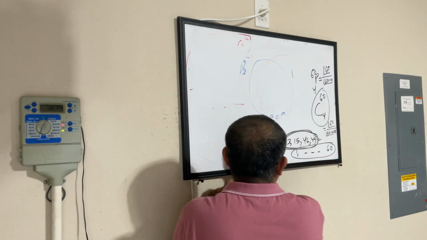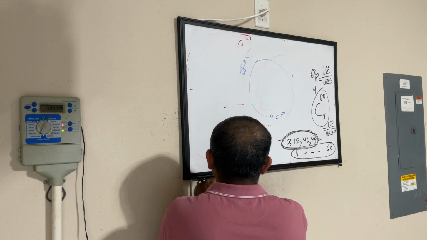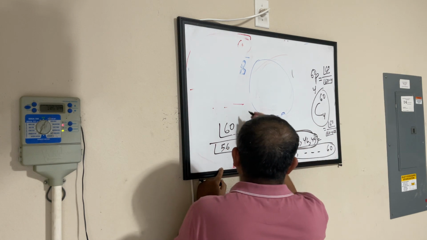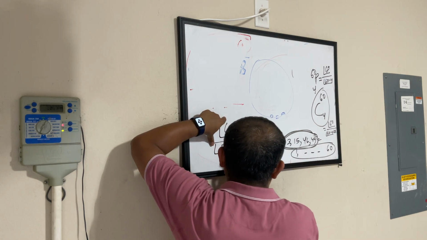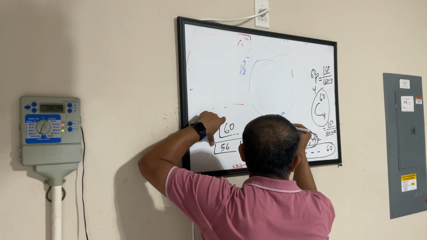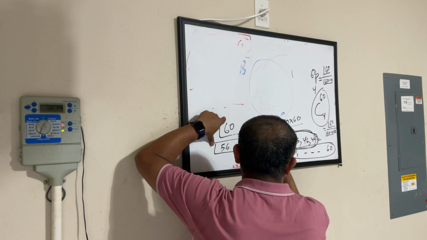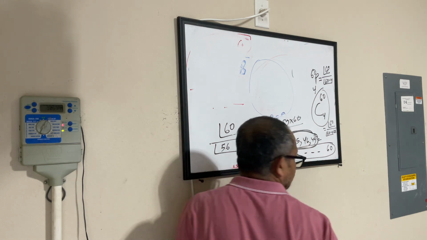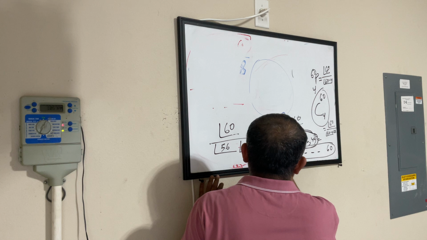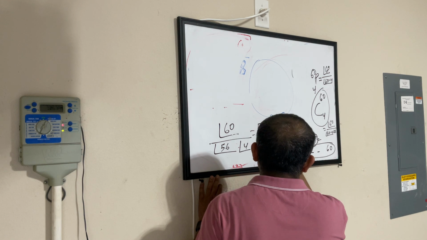How many ways can we pick 4 numbers from a group of 60 numbers? That gives us 60 factorial divided by 60 minus 4, that is 56 factorial, and 4 factorial. So this becomes 60 times 59 times 58 times 57, divided by 4 factorial, which is 4 into 3 into 2 into 1. 4 times 3 is 12, times 2 is 24.